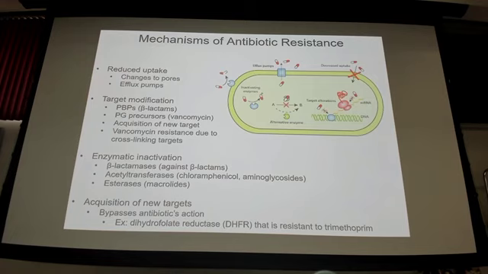The immune system is aided by the bacteriostatic drug in that it slows down the growth rate of the bacteria and gives the immune system a chance to do its thing, which is evolved in such a way that it takes care of these bacteria in a very tidy, neat way. That's a great strategy, but you don't always have immune competent patients. If that's the case, it's probably better to choose a bactericidal antibiotic. That was a great point.